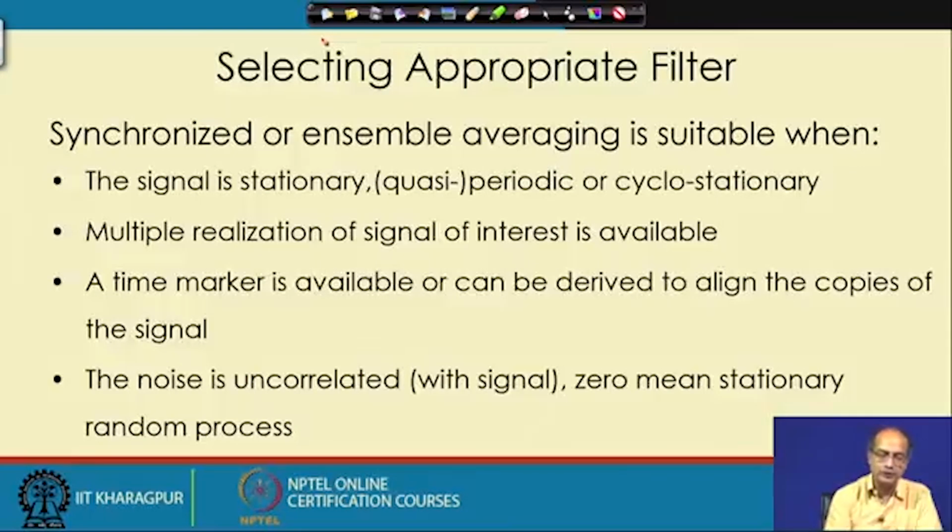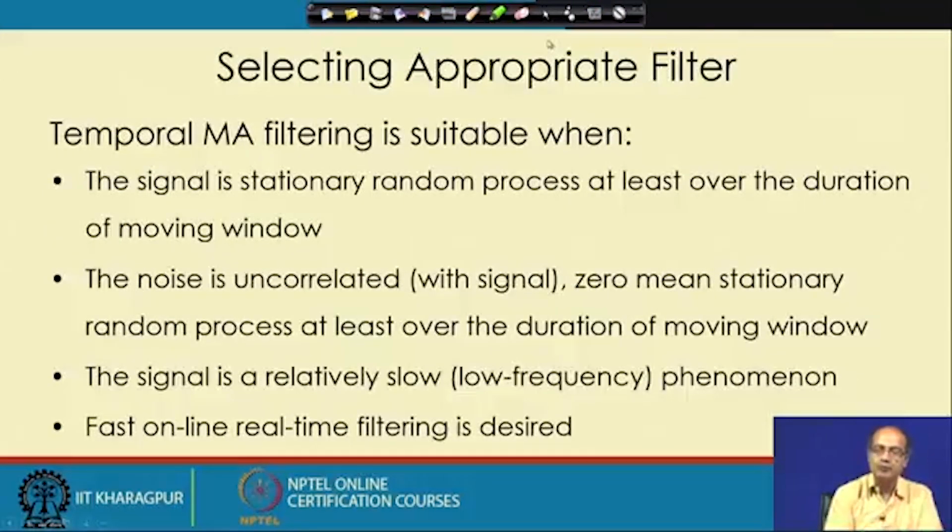In fact, that is impossible if we have to find the reference or the time marker. Okay. So we look for another technique which we expect to be a little more flexible.